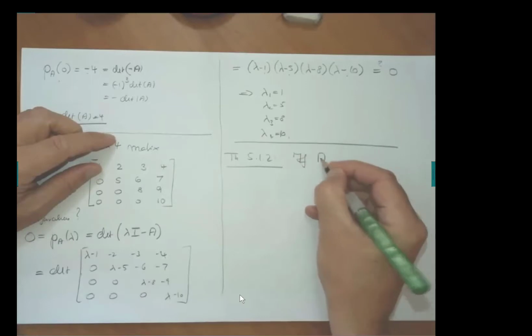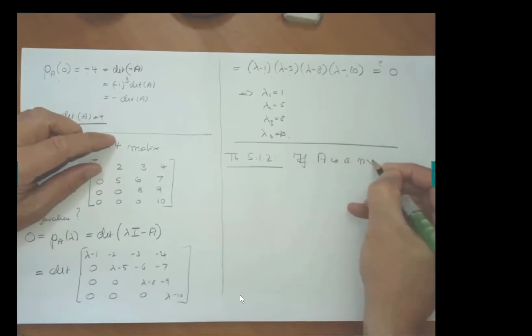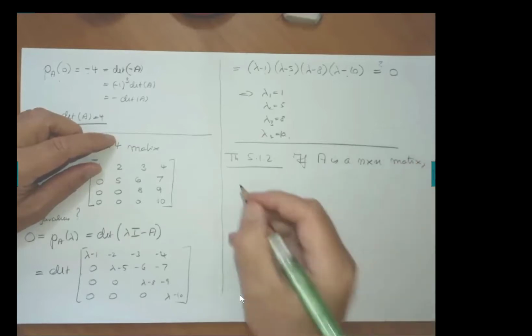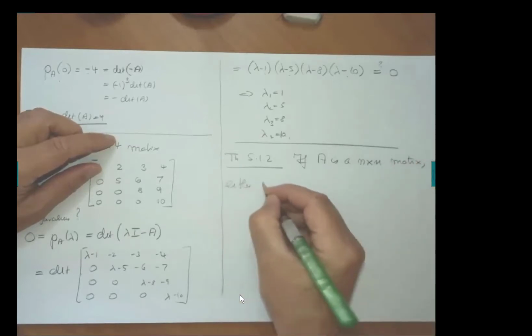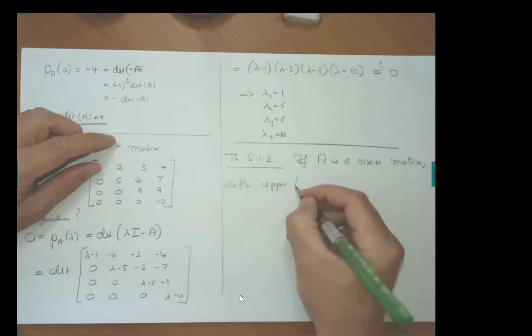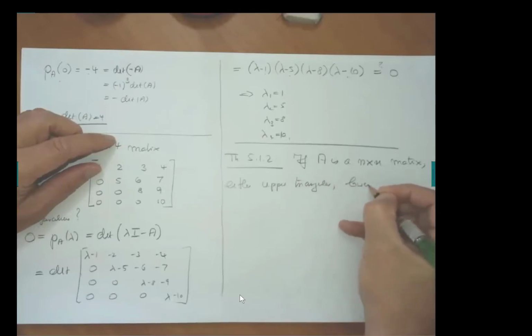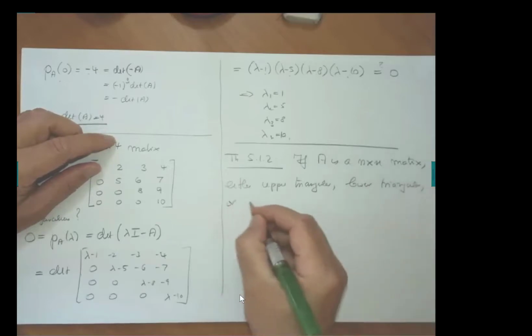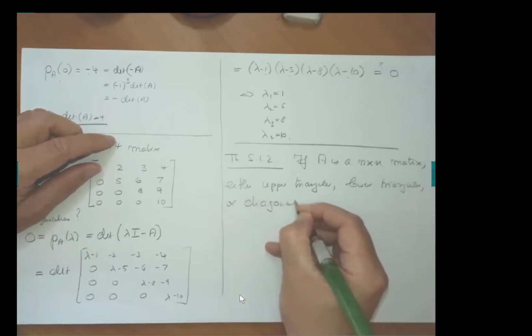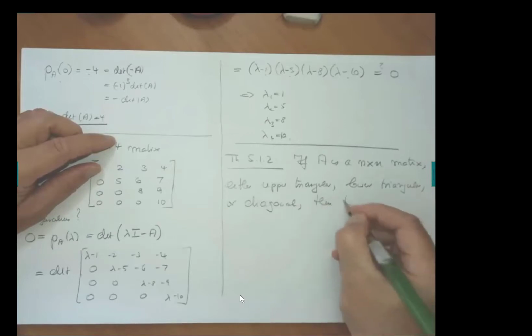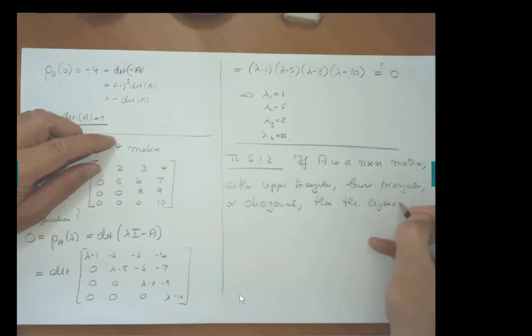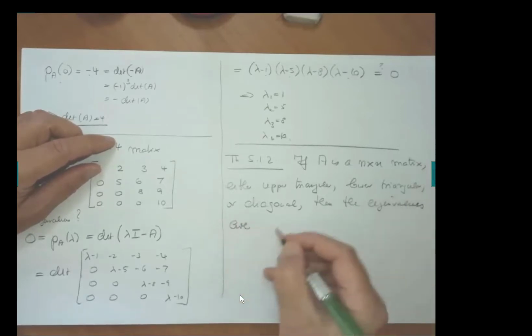So if A is an n by n matrix, either upper triangular, lower triangular, or diagonal, then the eigenvalues are just the diagonal elements.